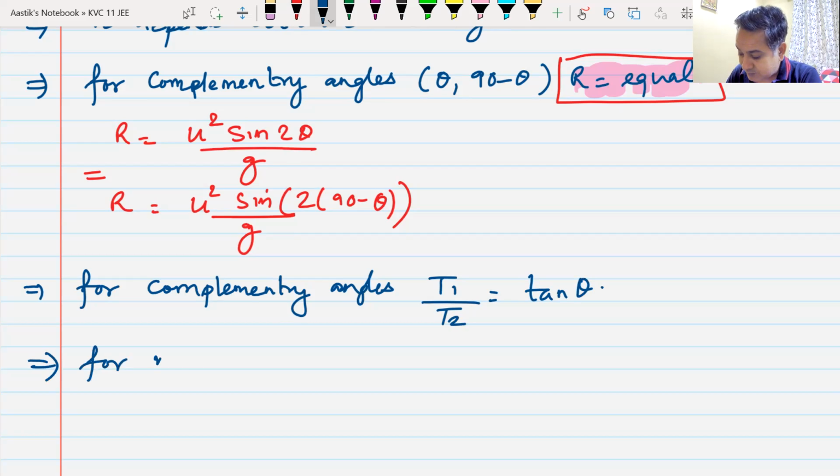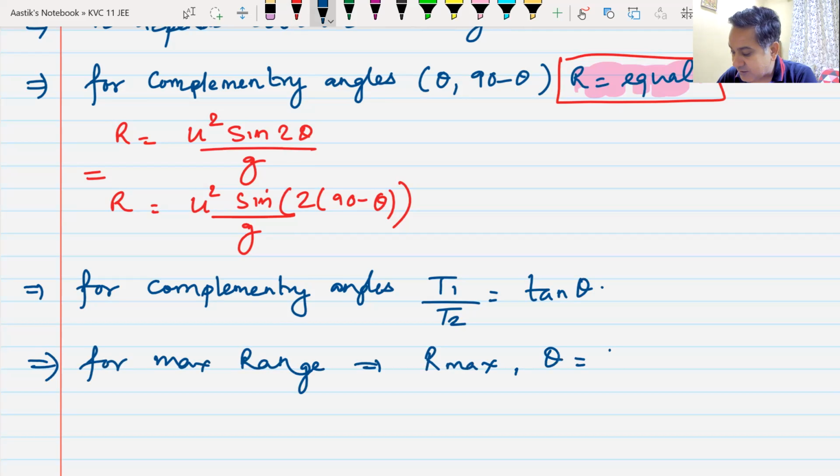For maximum range, R max, we call it maximum range, the angle of projection theta has to be equal to 45 degrees. I hope you remember this.